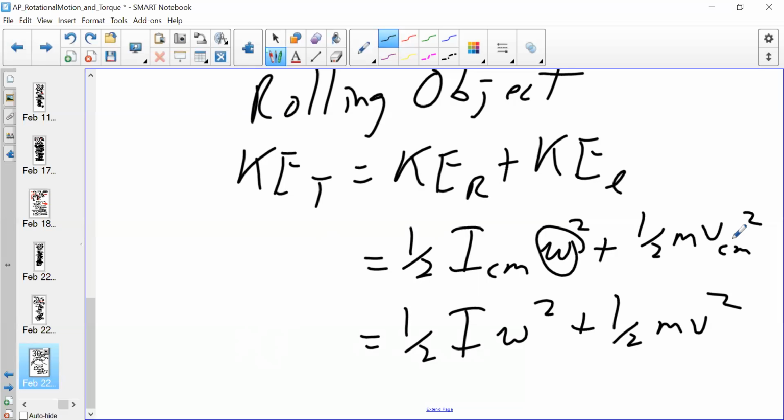It's not rotating. It's just moving like a point particle. But all of the other points about the center of mass are rotating at the same time. So that's the rolling motion of a wheel, and that's really the total kinetic energy of a rolling object.